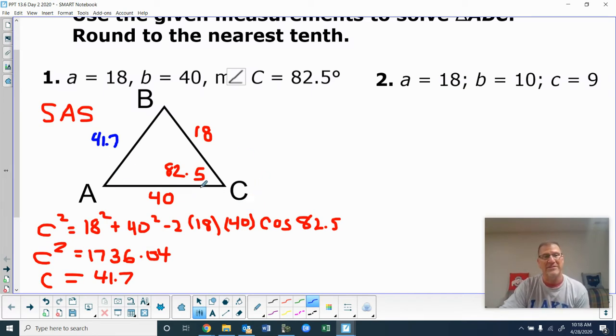And so what we do, instead of using law of cosines again, we just use the law of sines, okay? So of the two remaining angles, I have to find the smaller one. So the side A is 18, side B is 40, so that means angle A is smaller because side A is the smaller one.